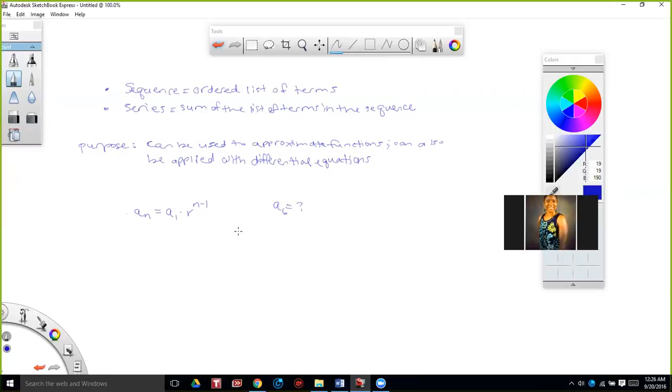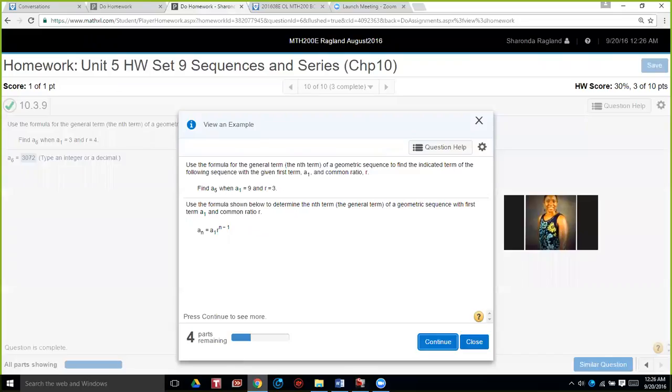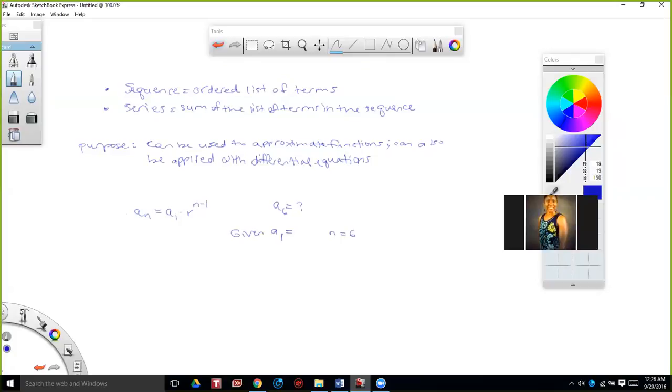We're given A1, and we know that n will be 6, because we need to find A sub n, and that's A sub 6. So A sub 1, let's see what was given to us as 3 and R is 4. Okay. And R is equal to 4.